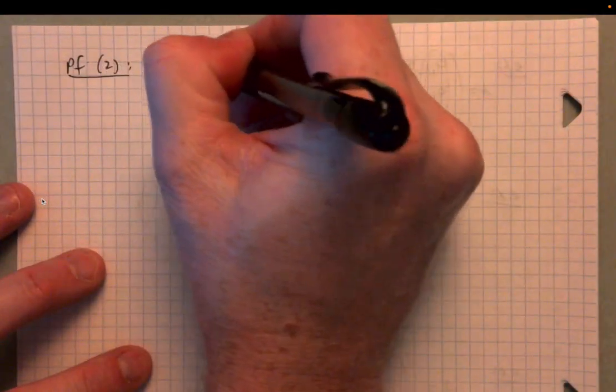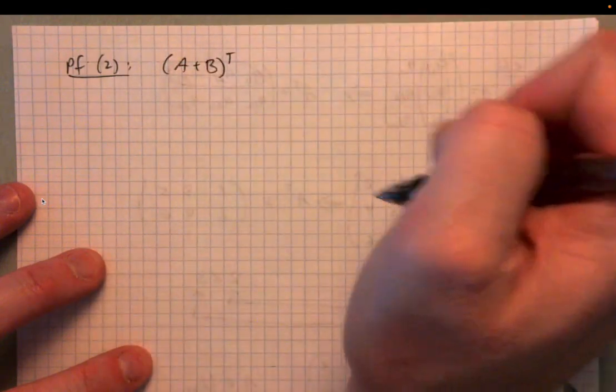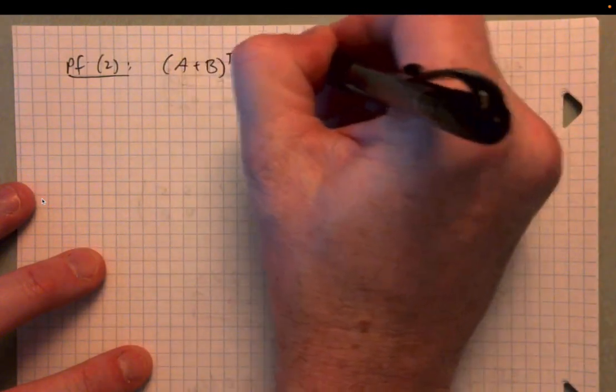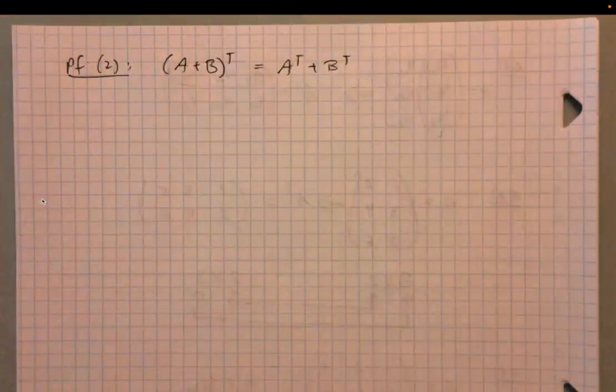Okay, we're going to show specifically that (A plus B) transposed is equal to A transpose plus B transpose.